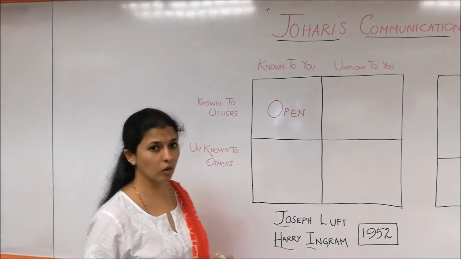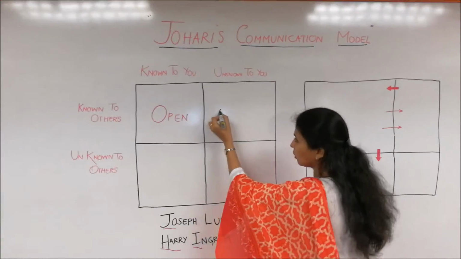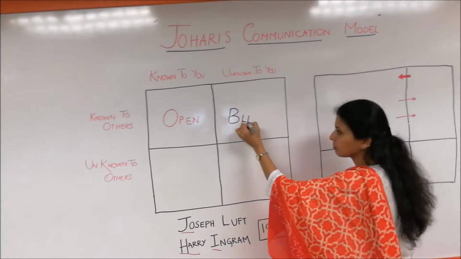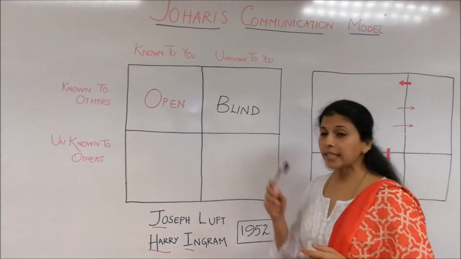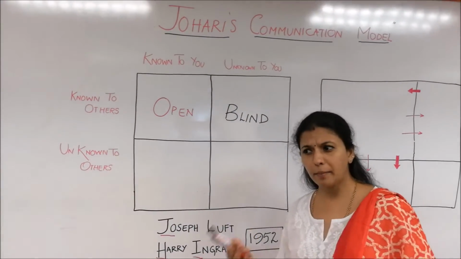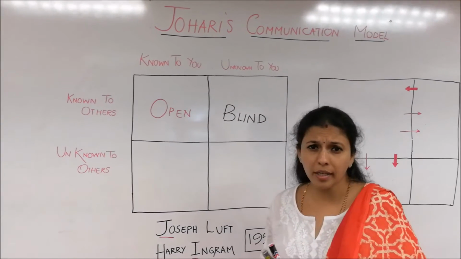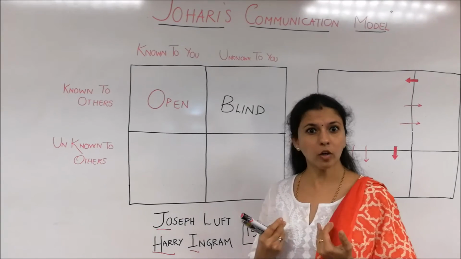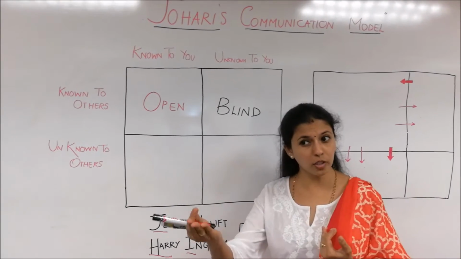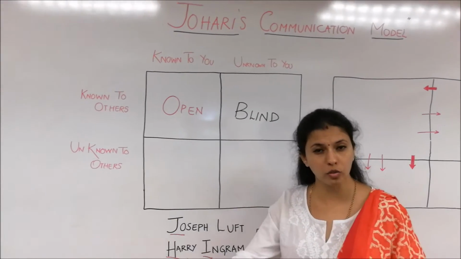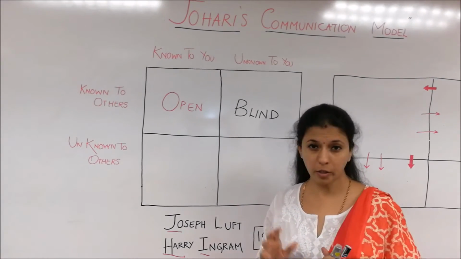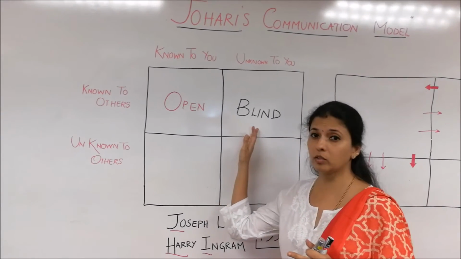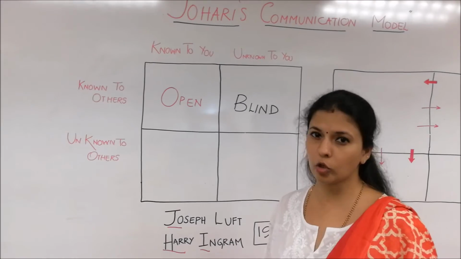So this is called the blind spot or the blind area. This area consists of mostly your habits or the way you speak or the way you stand or the way you communicate, which you may not be very well aware of, but the opposite person or your friends or your students are aware of. But you are not aware of this. That is why it is called the blind area of the Johari window.